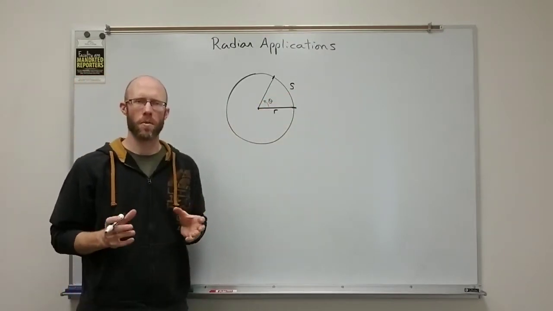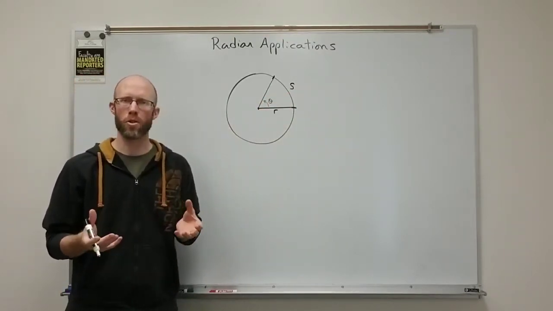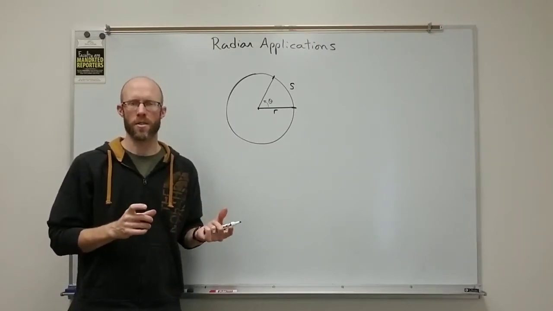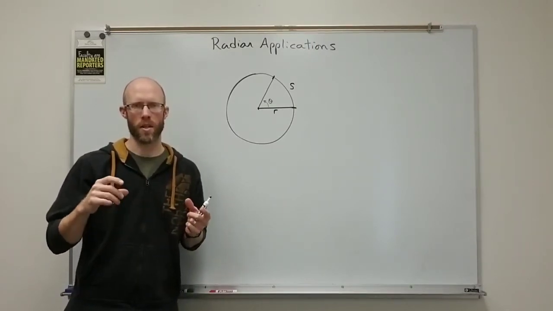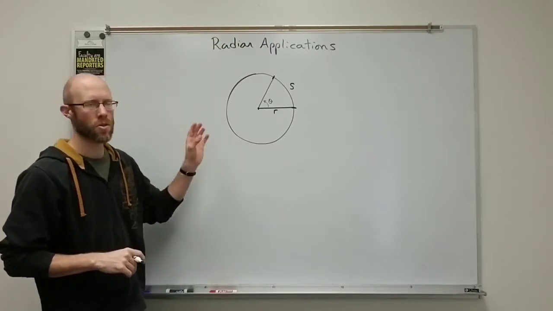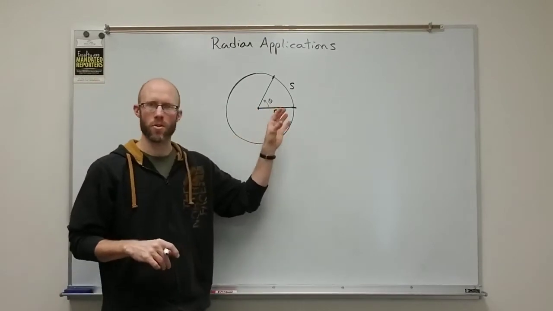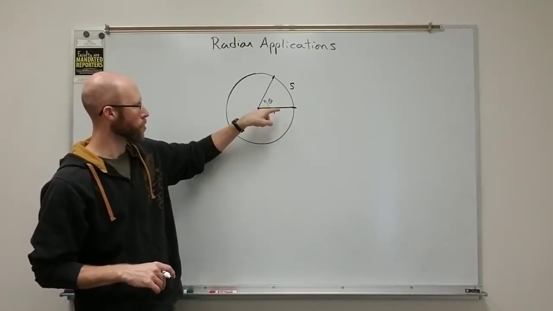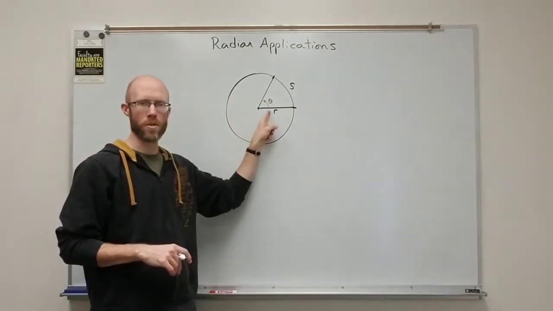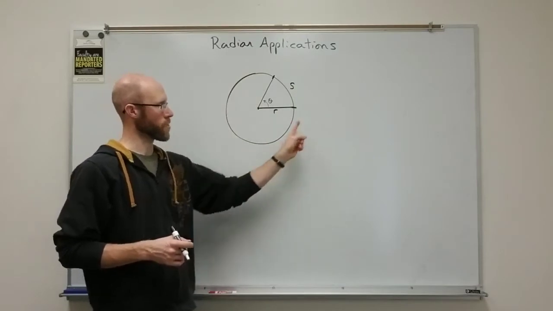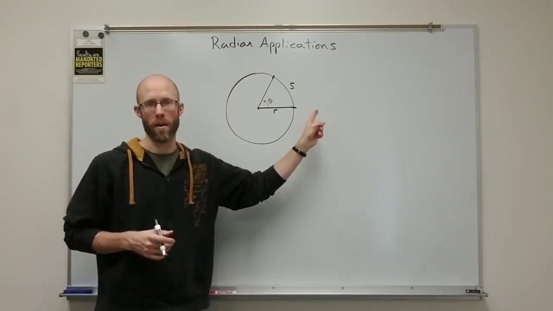And so I want you to think about this for just a minute. There's a proportion that's going to be very important. In some sense, it's kind of like when we had similar triangles and we said that ratios of corresponding sides are always equal. Well, with circles, we can think of it this way. The angle that opens the whole circle is 2 pi, and you have a circumference around the whole circle, which is 2 pi r.